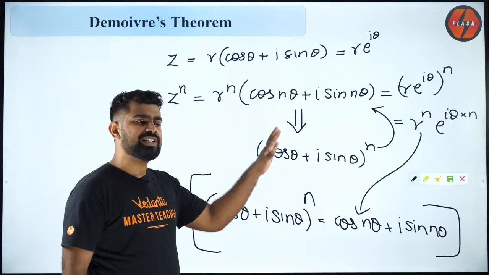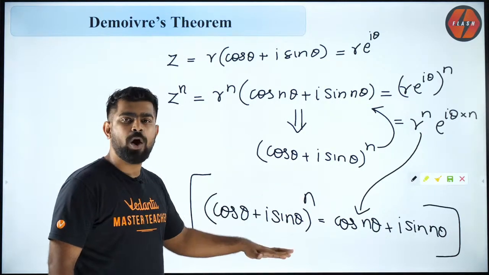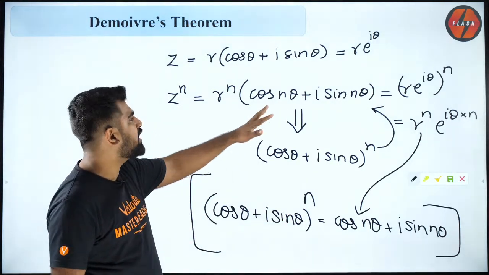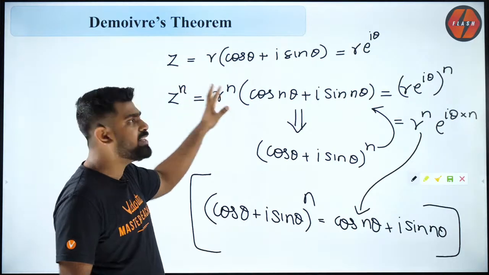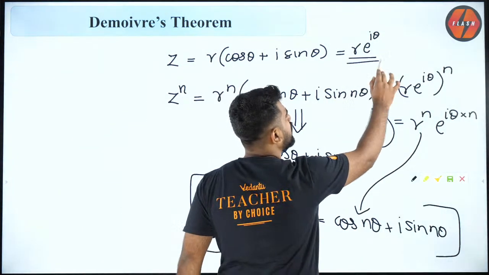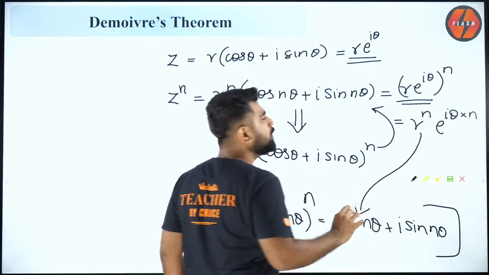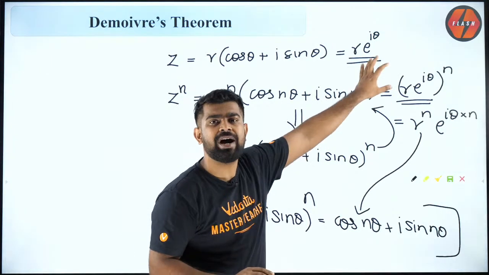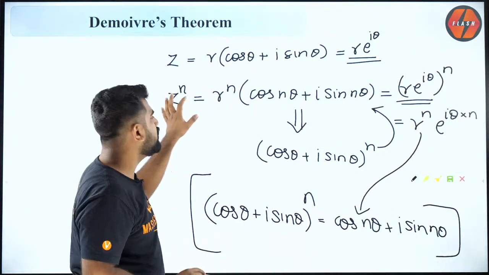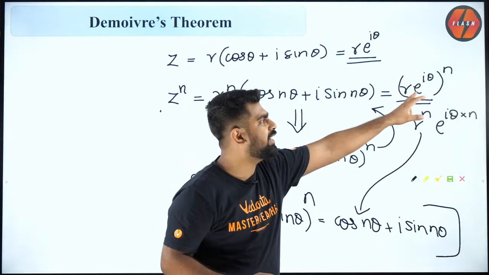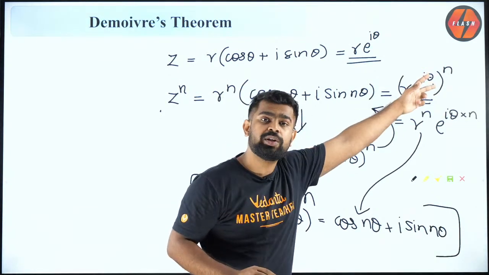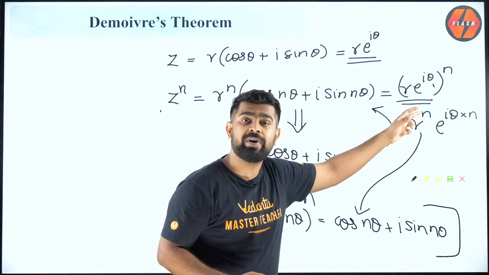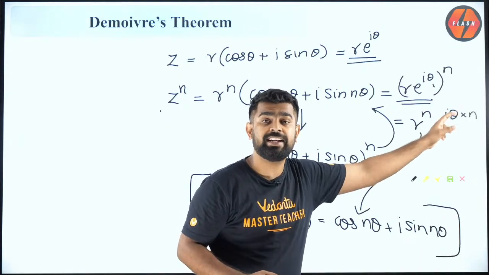So yeah, let's move forward. Are you all clear with the derivation? Did you all understand that? It is very easy to visualize with Euler's form. If you say your z is equal to r e to the power iota theta, then your z to the power n will be r e to the power iota theta whole raised to the power n, which will be r to the power n into e to the power iota theta into n.